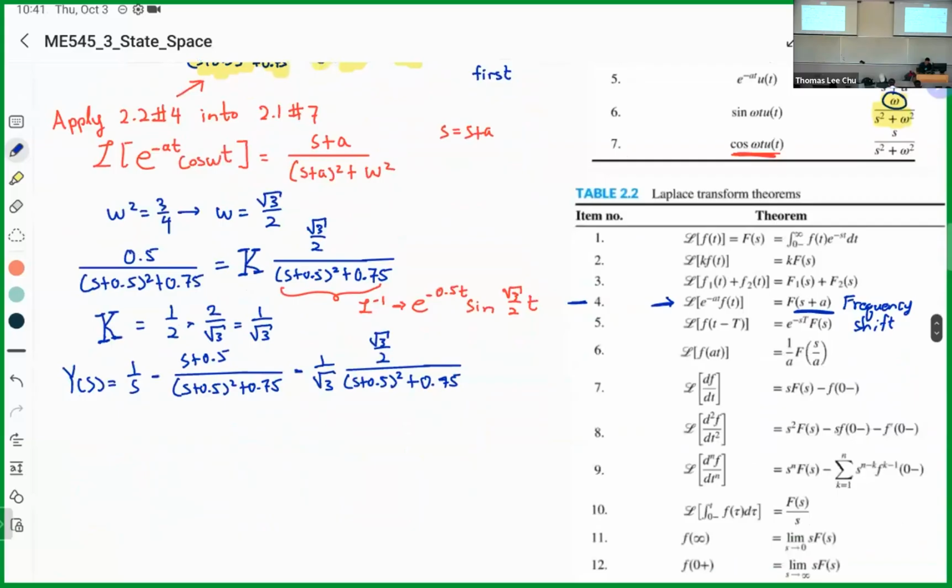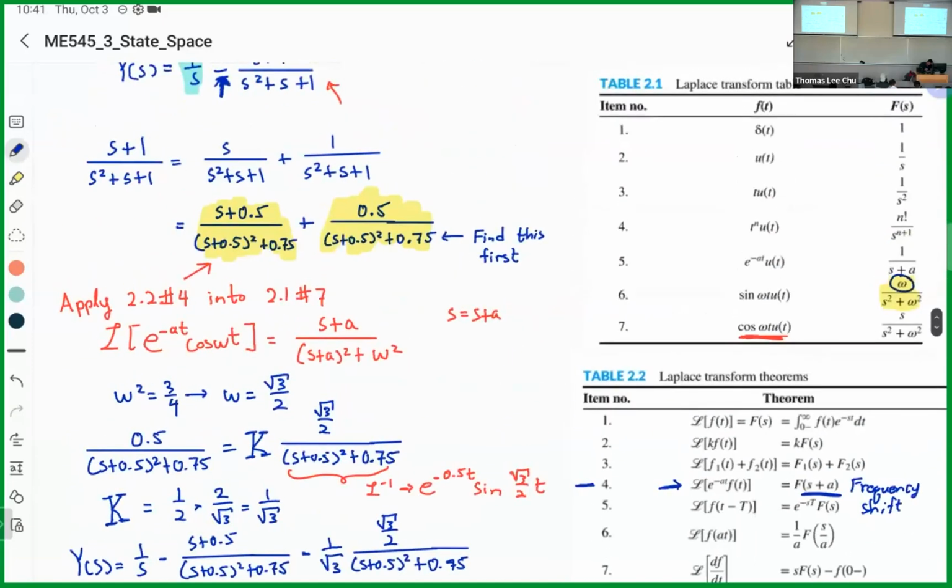And now that we have that, we can take the inverse Laplace transform. And we get the inverse Laplace transform of a step function, 1 over s, which is just 1.